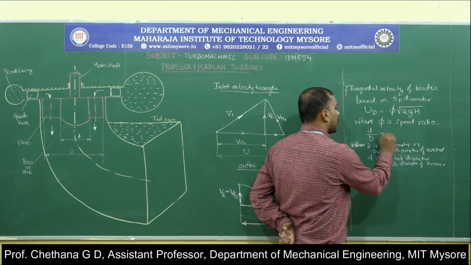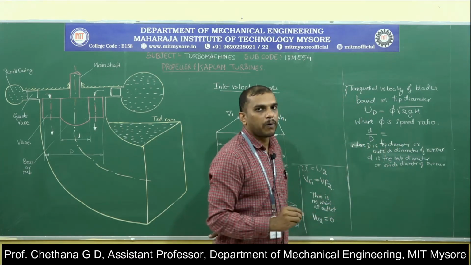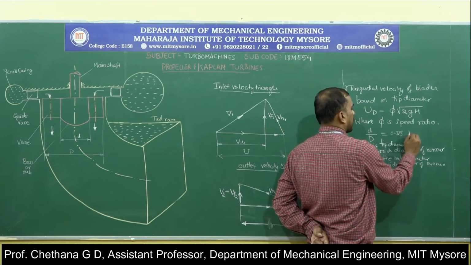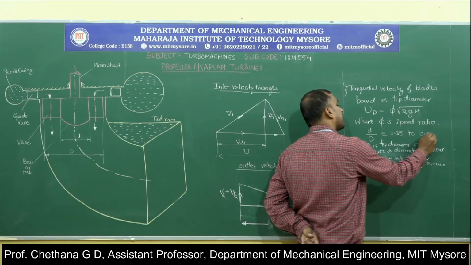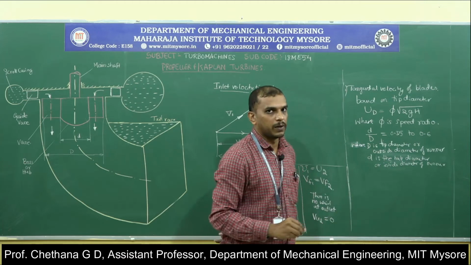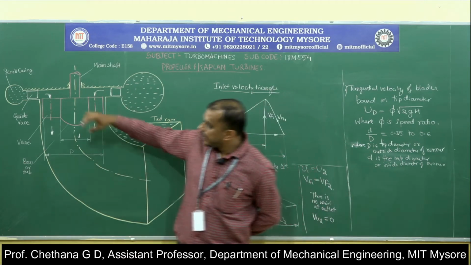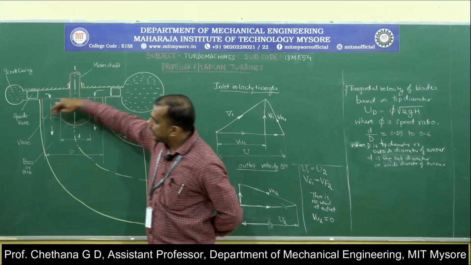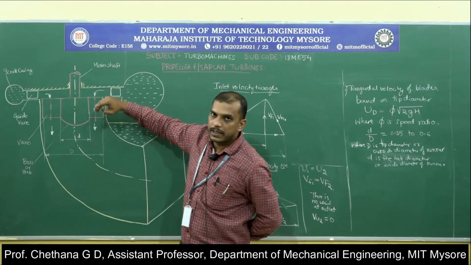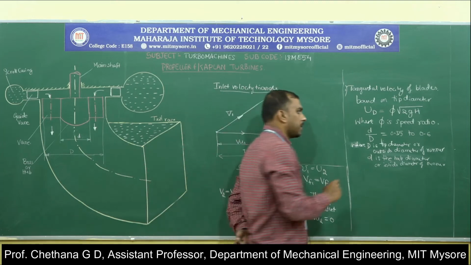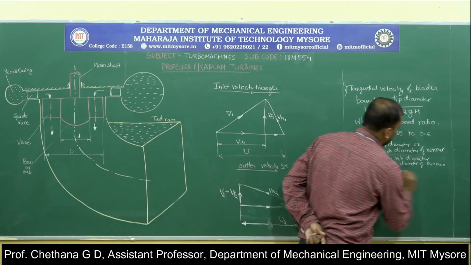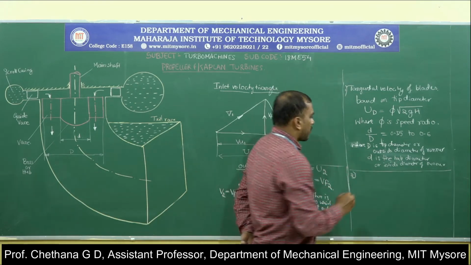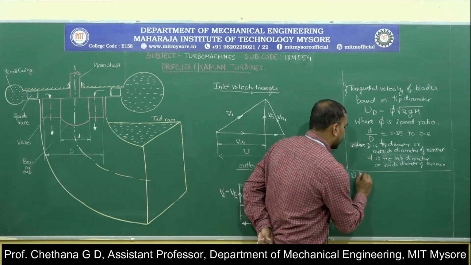Now this ratio d by D can vary from 0.35 to 0.6. This is the range within which this ratio will be. That means the ratio of the diameter of the hub to the diameter of the tip or the outside diameter will be from 0.35 to 0.6.